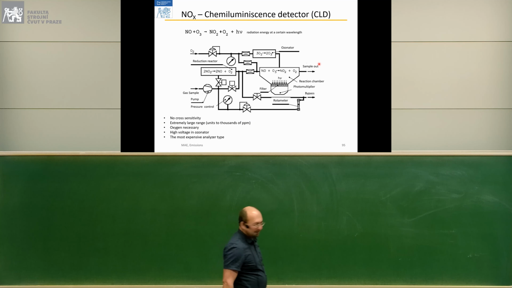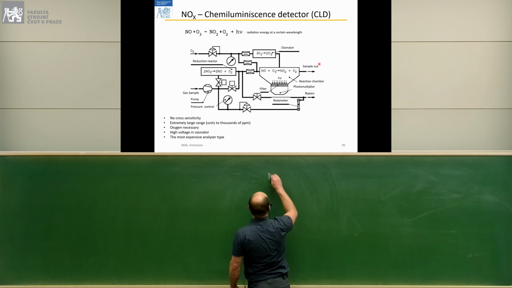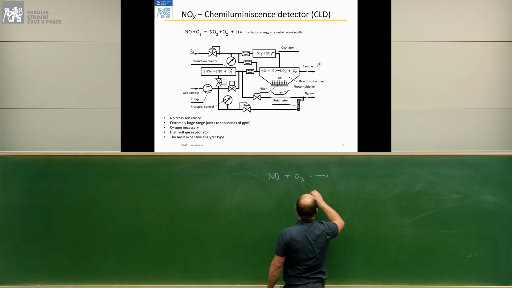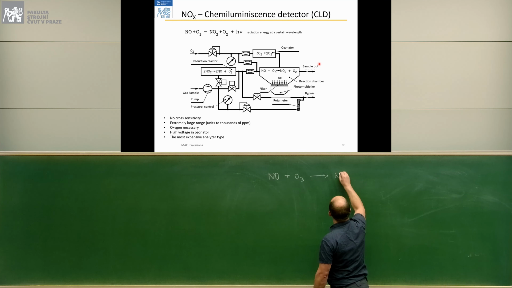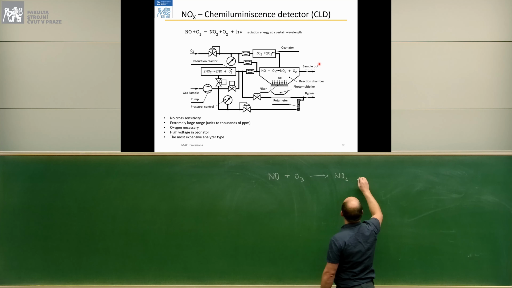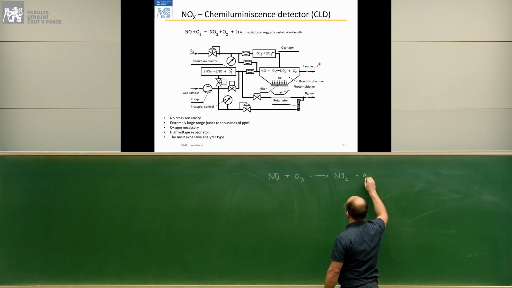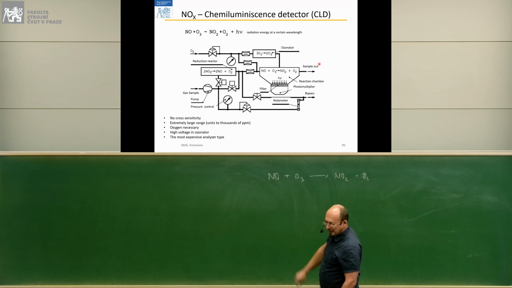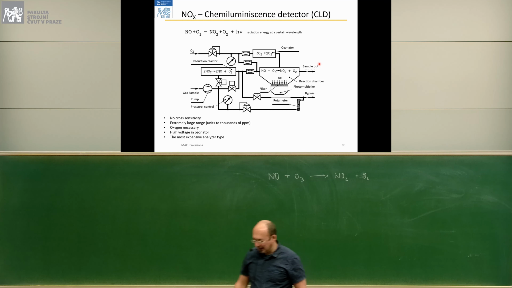Chemiluminescence detector is based on the reaction of nitric oxide with ozone, which produces nitrogen dioxide, and some of the nitrogen dioxide molecules are in excited state.